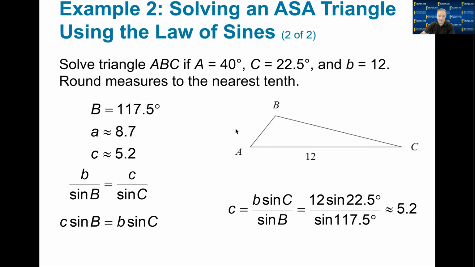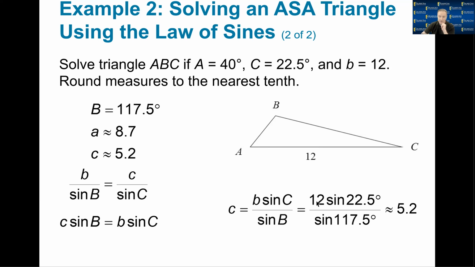I found that here on my next page. I said, again, I know C over the sine of C should equal B over the sine of B. Thus, C is going to equal B times the sine of C over the sine of B. Notice that's what I've done. So now B was my 12. I'm dividing that by the sine of angle B, which we had defined, sine of 117.5.